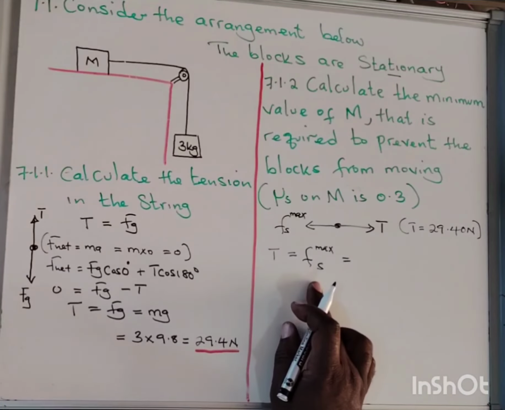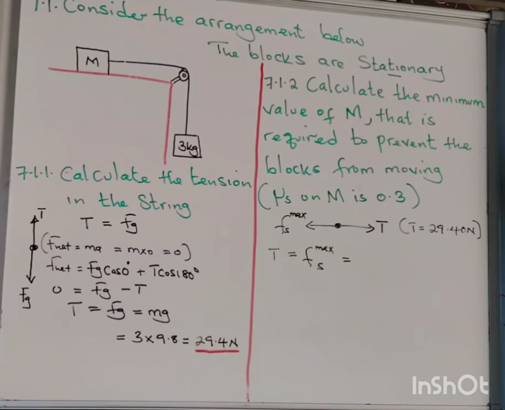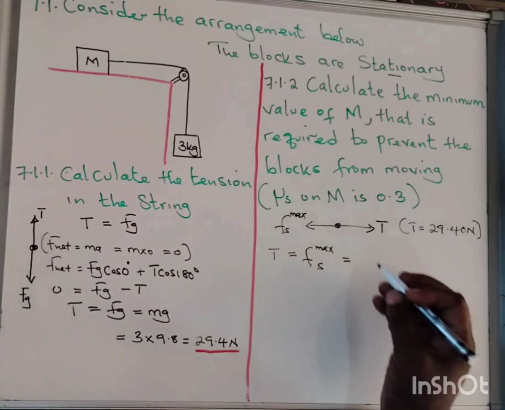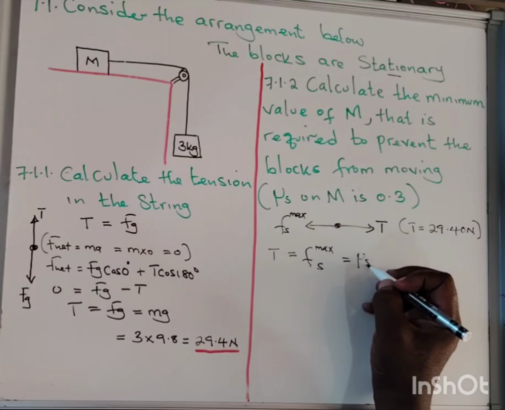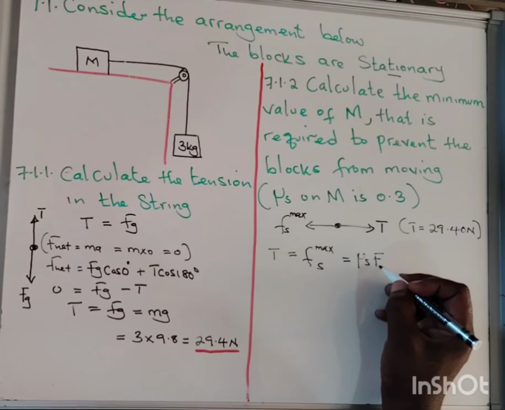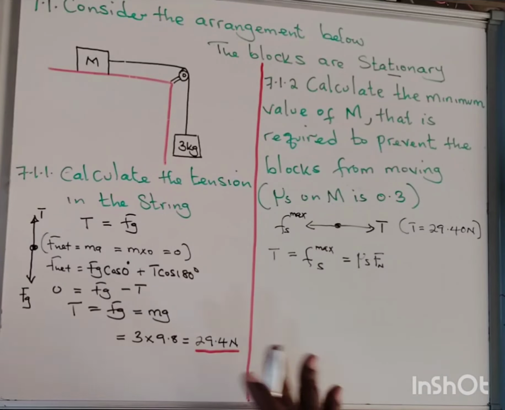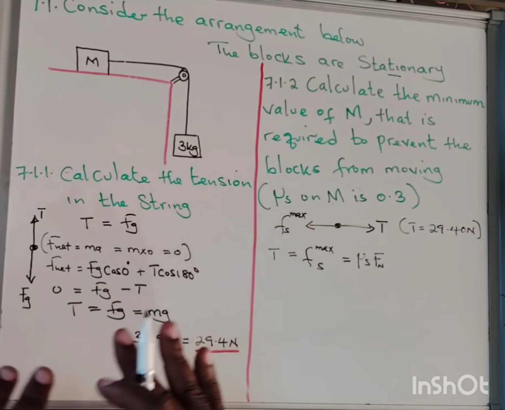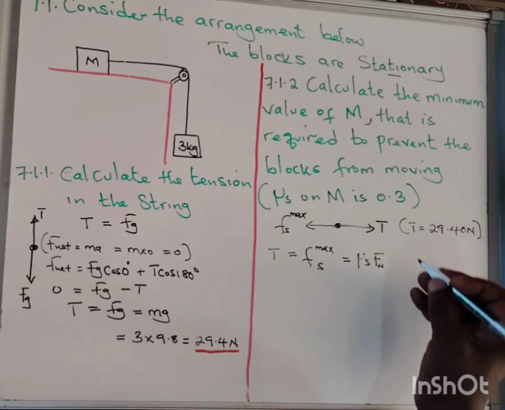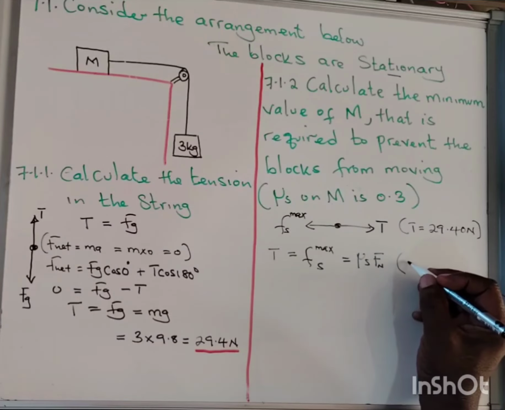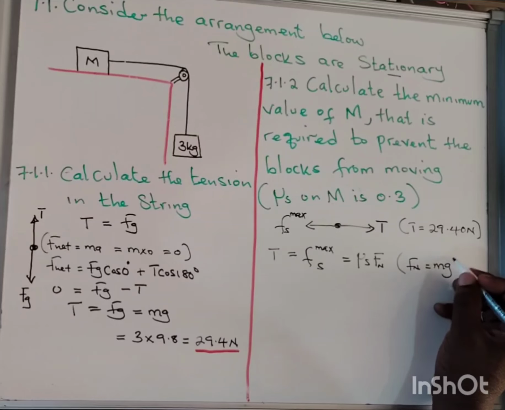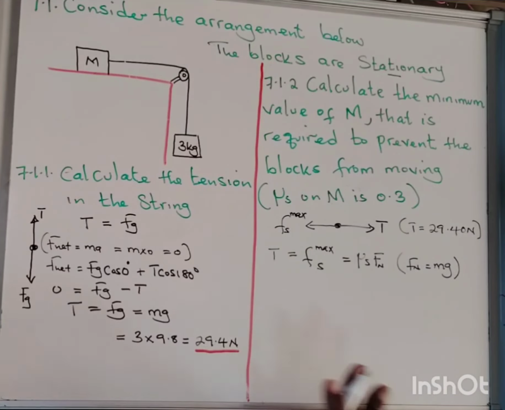We know the expression of maximum static friction force, which is equal to mu s Fn. Now you have to remember that M is lying horizontally. In that case, we are going to say Fn is equal to mg because of that horizontal arrangement.